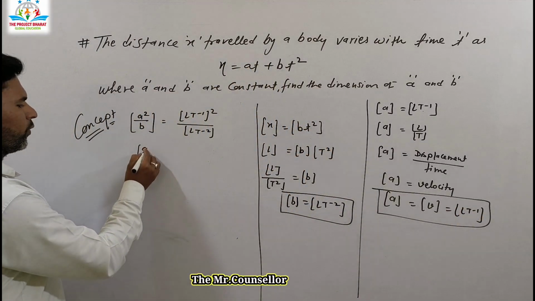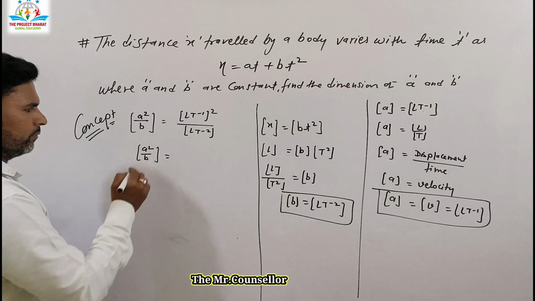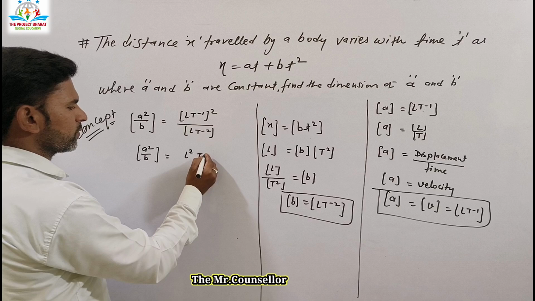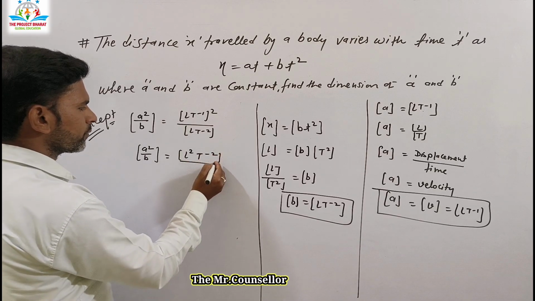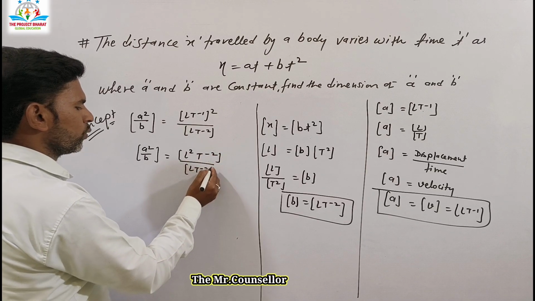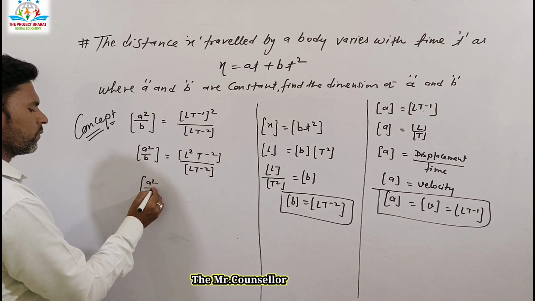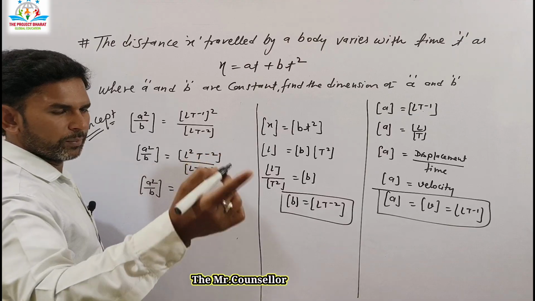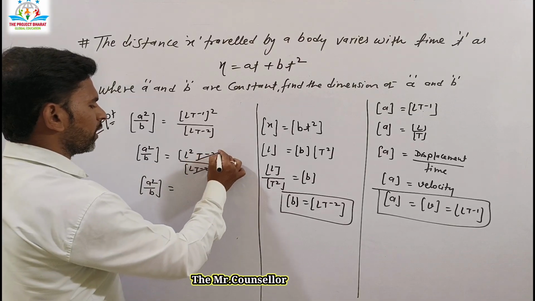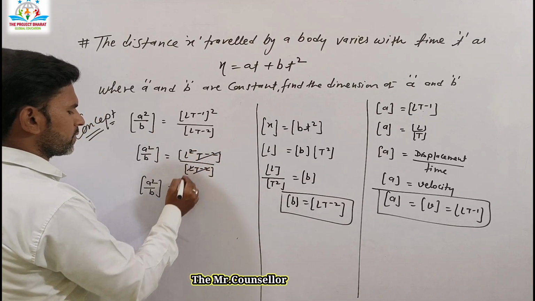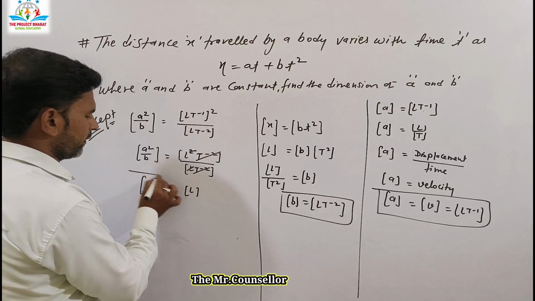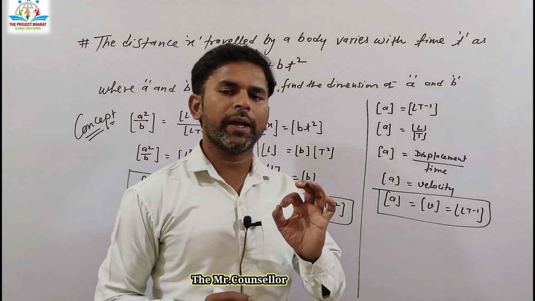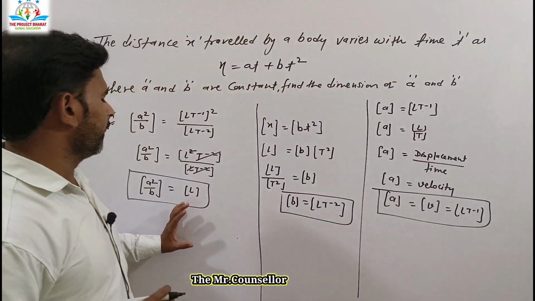Now this will be L square T minus 2 divided by LT minus 2. So A square over B is equal to L; one L will be cancelled, and T minus 2 will also be cancelled. So this is a length.